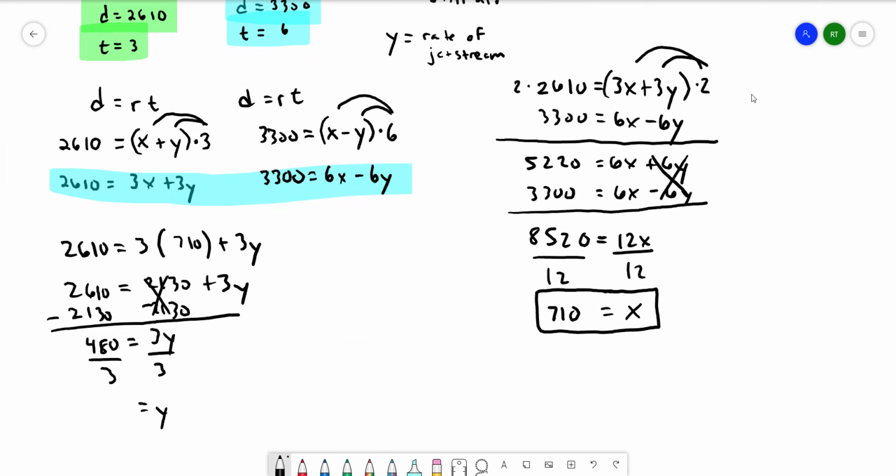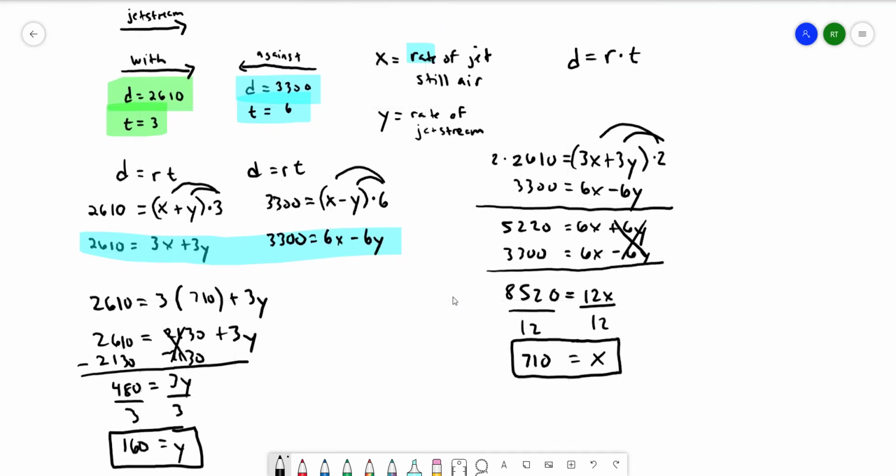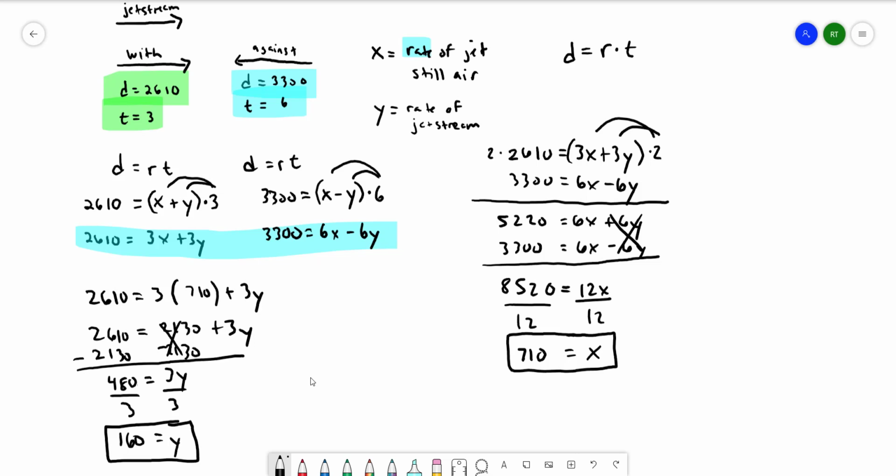And I get y equals 160. So now I have my two unknown variables solved for. I know the rate, and that's why it's important to label your x and your y. You can see that x is the rate of the jet in still air, and y is the rate of the jet stream. And this is how you solve the jet stream problem.